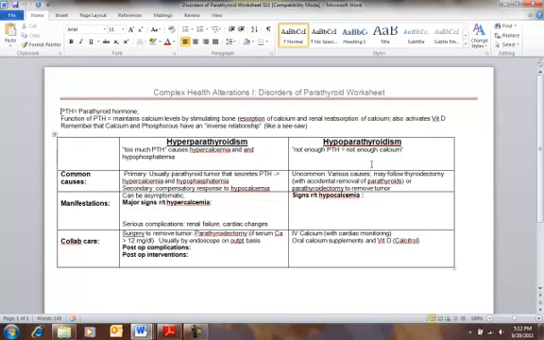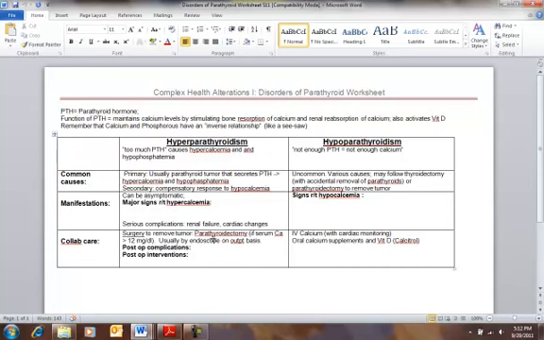If you don't have enough PTH, that's going to affect your calcium levels. Calcium levels have the inverse relationship with phosphorus, as we talked about during our electrolyte lecture. So anyone that has hypoparathyroidism will pretty much have symptoms of hypocalcemia. You're going to be treating with IV calcium and oral calcium supplements.